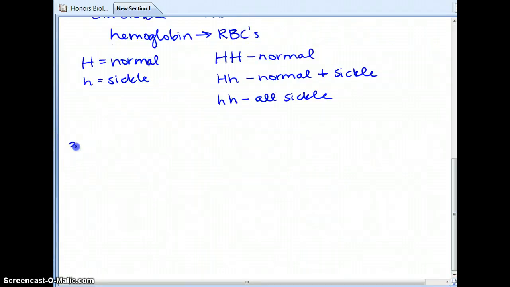The third type that we're going to talk about right now is sex-linked traits. Before we talk about sex-linked traits, we have to talk about sex determination. This is going to seem probably fairly obvious to you, but I'm going to go through it and talk about some vocabulary words.